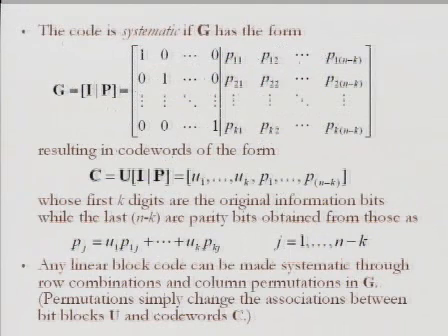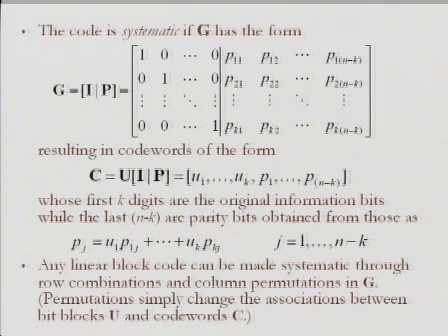Now, codes can be broken down into two classes, systematic and non-systematic. Codes that are systematic have the following property. G looks like this. The first part is the identity matrix, so just ones on the diagonal and zeros everywhere else. And then the rest of G is whatever it is. Let's call it P. That doesn't matter.